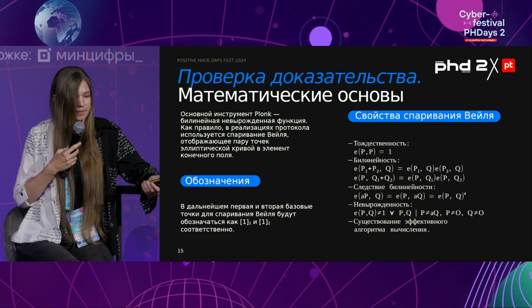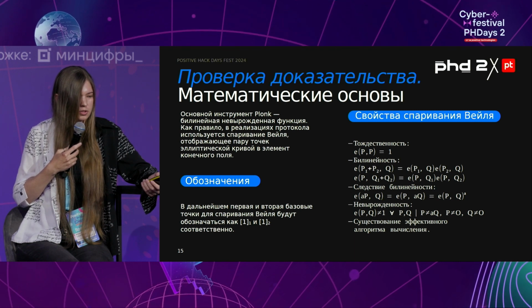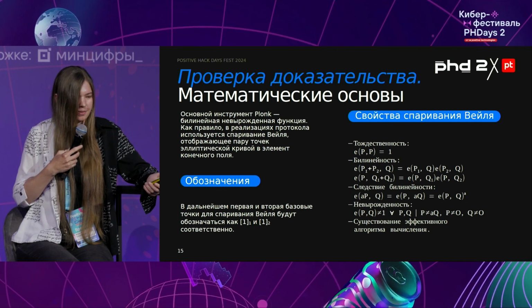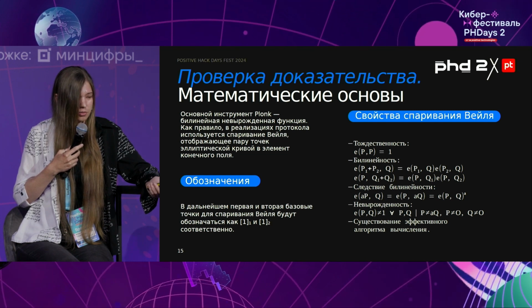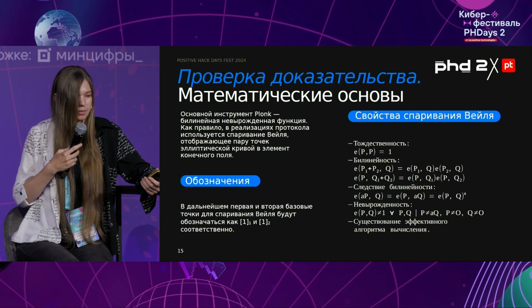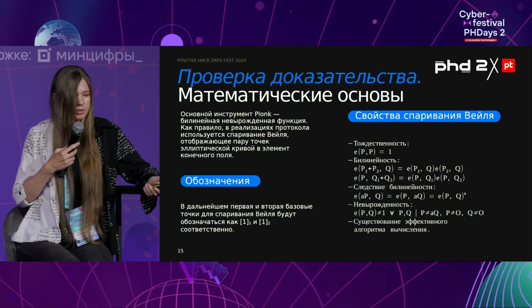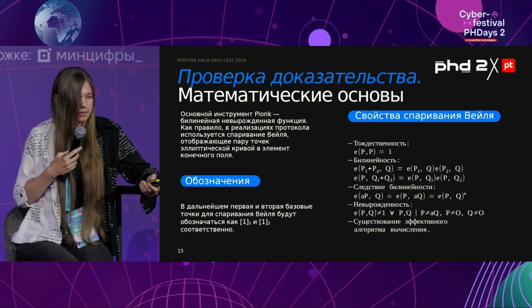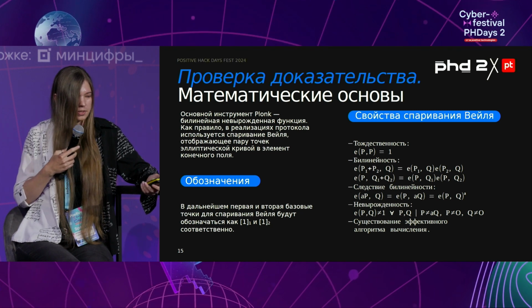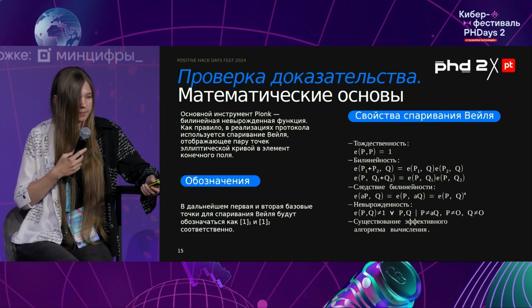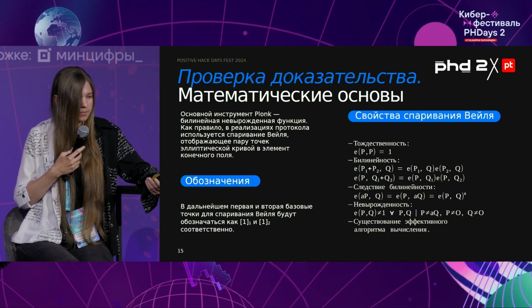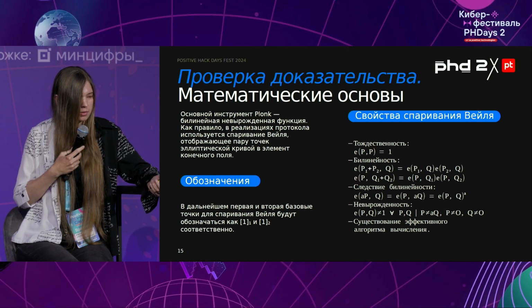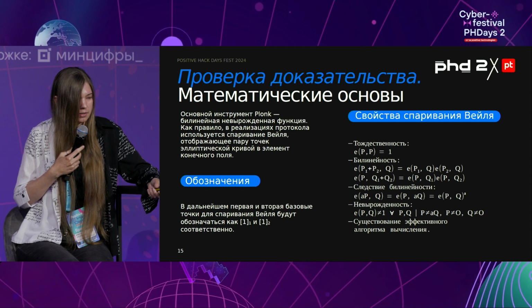If none of the points is the identity, the pairing should not be equal to 1. It's also important that there is an efficient algorithm for computing it.